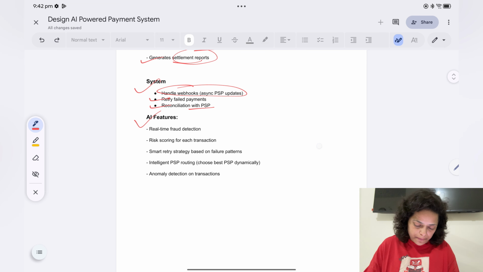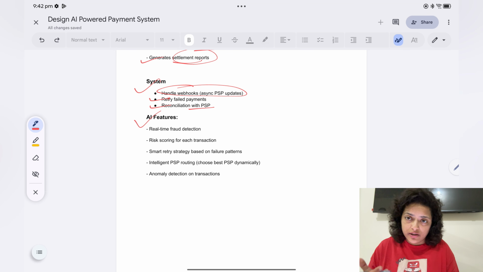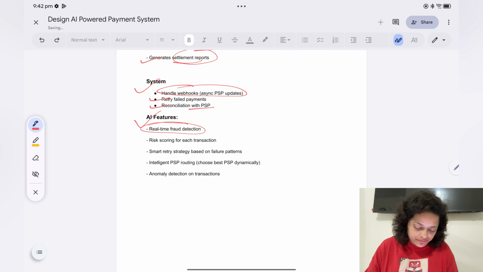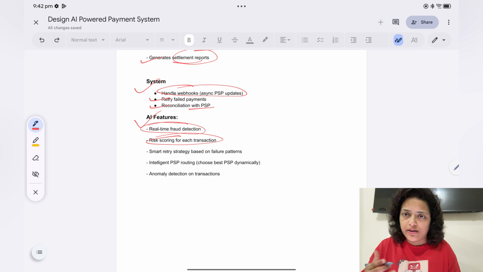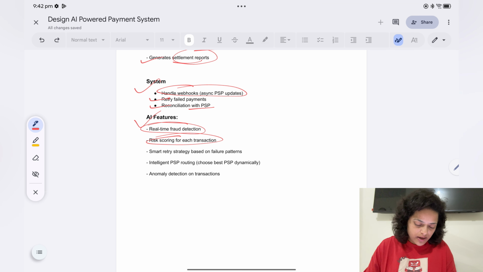Now AI features. What features can we include here? This is the new thing. Real-time fraud detection, risk scoring for each transaction. You just add a risk score, and if it is risky, then block that transaction. Then a smart retry strategy based on failure pattern.